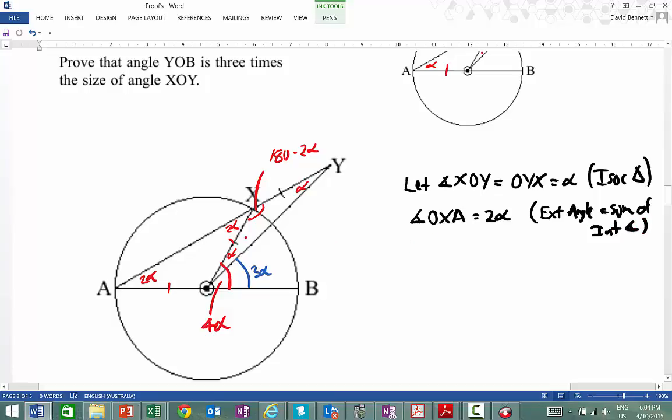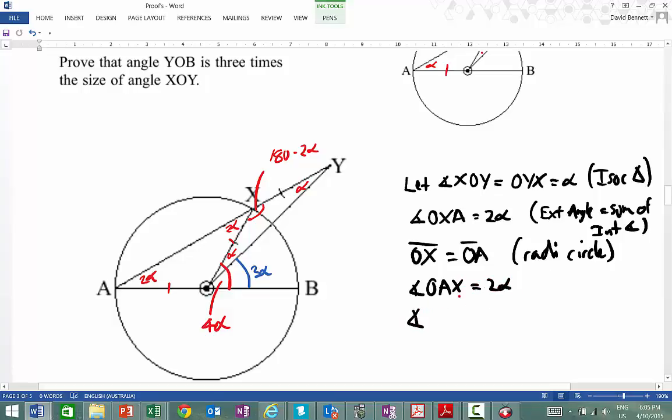Right, and so if we know that, then we know that OX equals OA, and they are radii of a circle, and so therefore angle OAX is equal to 2 alpha. So that's an isosceles triangle again.